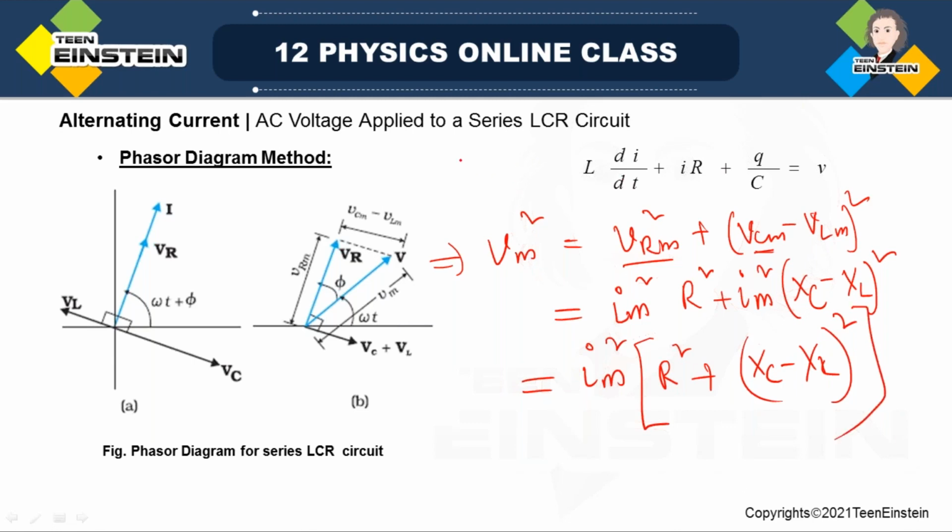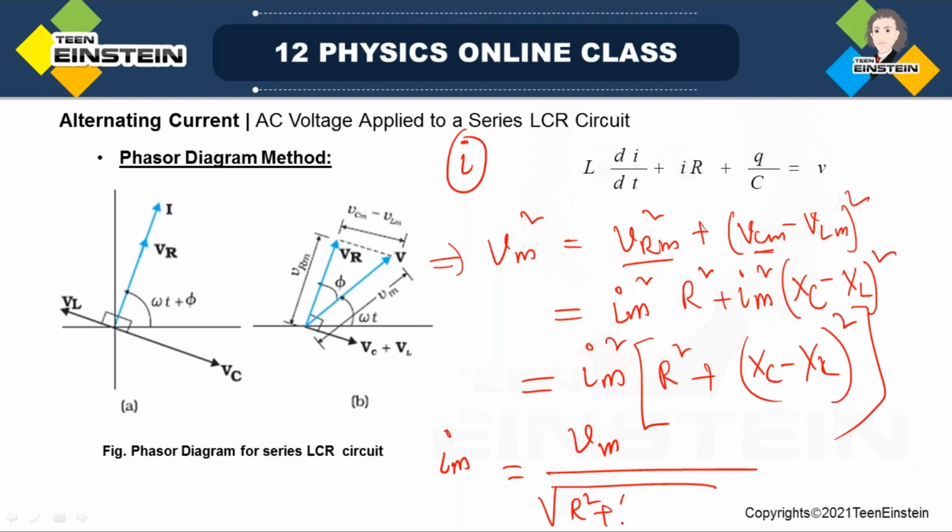Now, what was our agenda, if you remember? To find out the instantaneous current. So the amplitude of the current we get as Im is equal to Vm, which if I simplify is Vm divided by under root R square plus Xc minus XL whole square. Okay, I'll just erase this part.